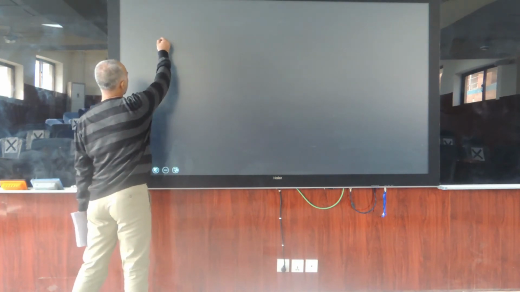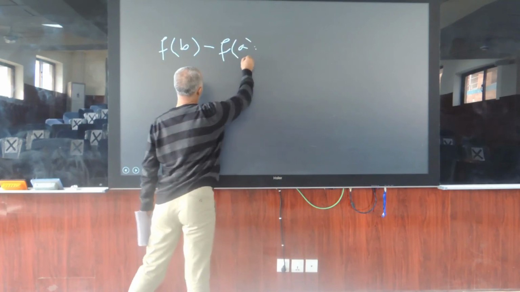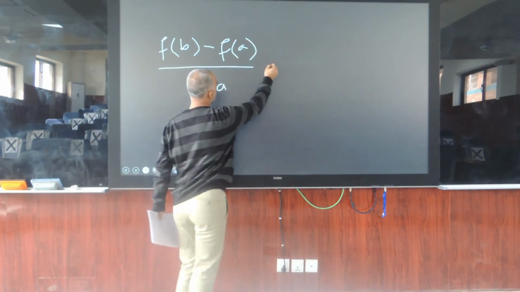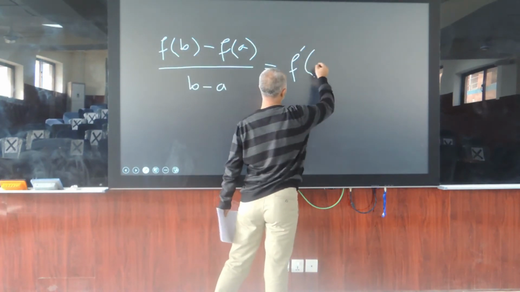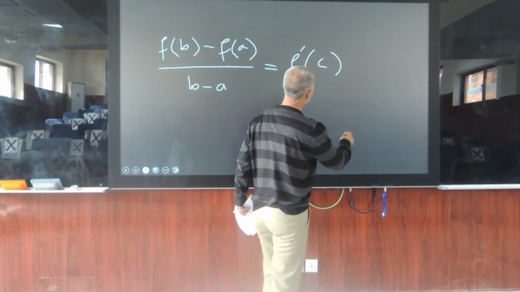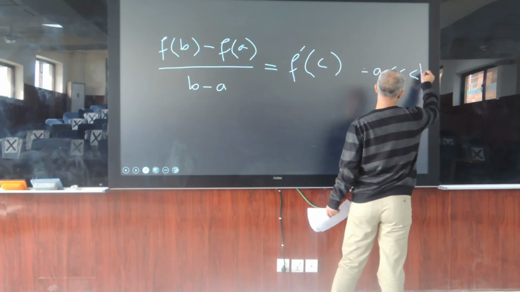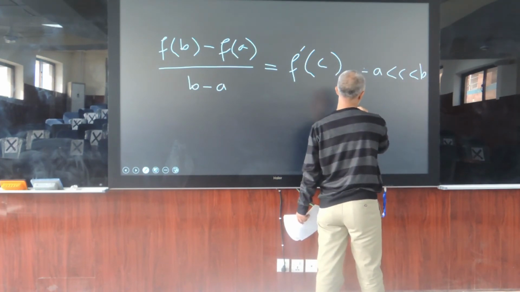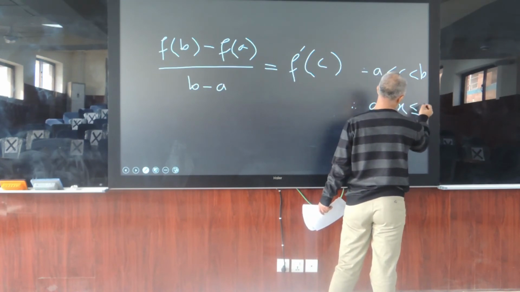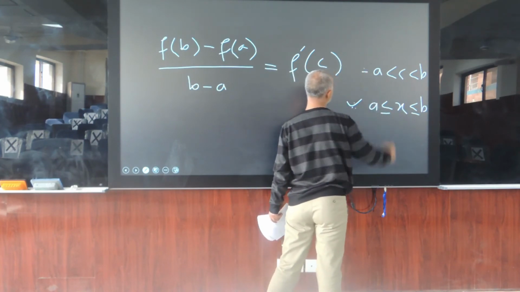If the distance traveled is f(b) minus f(a) over the time elapsed, then there is some point c in the open interval, strictly between a and b, on the x-axis, where the function is continuous on the closed interval a to b and differentiable on the open interval.